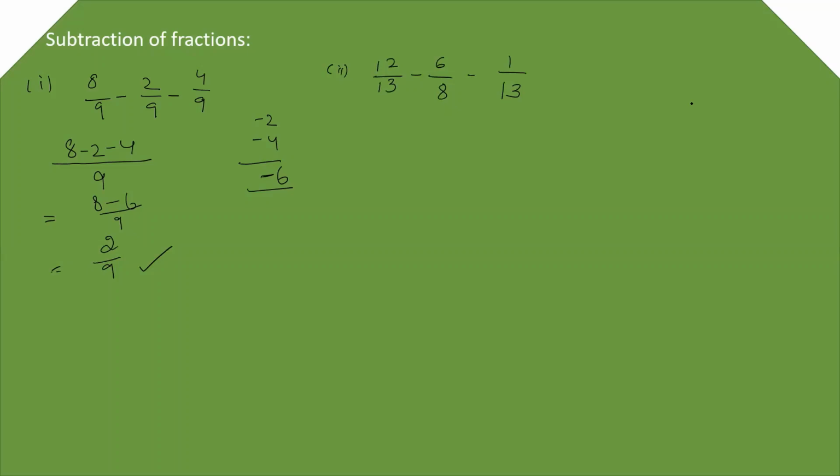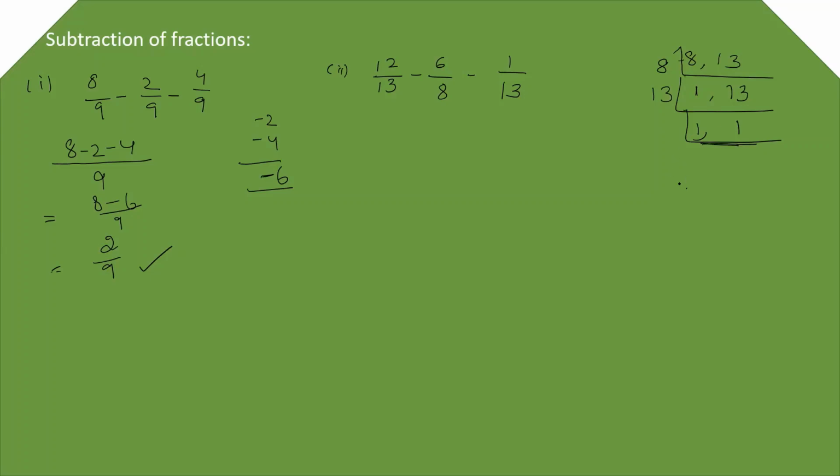To convert the unlike fractions into like fractions, first take the LCM of 8 and 13. 8 and 13 you won't get in any single table. So directly take 8, 8 ones are 8. You won't get 13 in the 8 table, so write 13 as it is. Now take 13, write 1 as it is, 13 ones are 13. At last we got all ones, right?